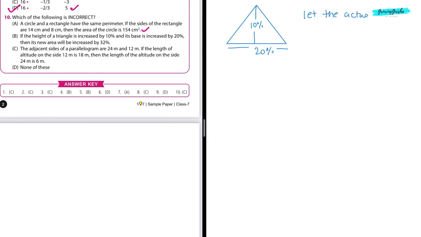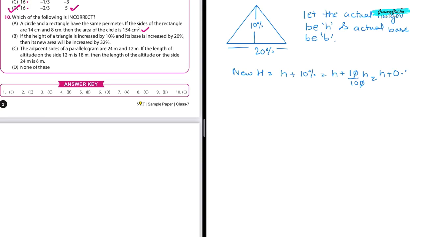Let the actual height be h and actual base be b. Height is increased by 10%. So, new height will be h plus 10% of h, which means h plus 10 upon 100 into h, which will be equal to h plus 0.1 h, which is equal to 1.1 h.